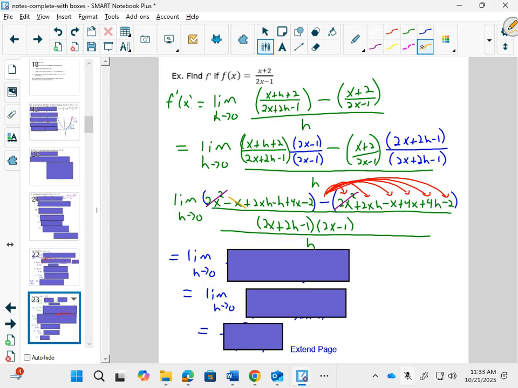The minus x and the x would go away. The 4x and minus 4x go away. I'm running out of fun colors. And the minus 2 and the 2 would go away. If things work out nicely, everything without h's goes away.